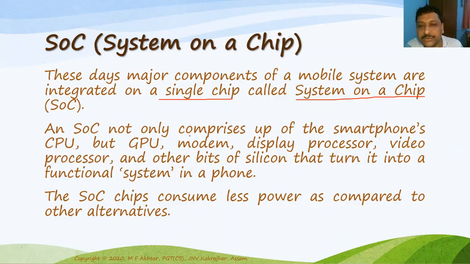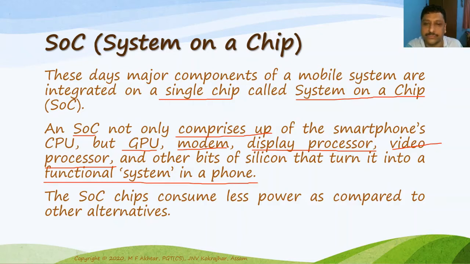And SoC not only comprises the smartphone CPU, it also has a GPU, modem, display processor, video processor, and other bits of silicon that turn it into a functional system in a phone. So many components are integrated in a single chip. That is system on a chip.